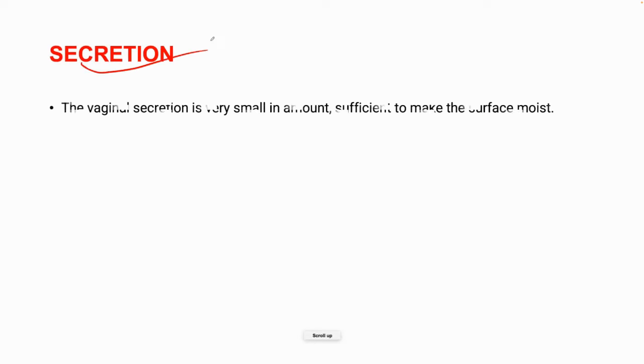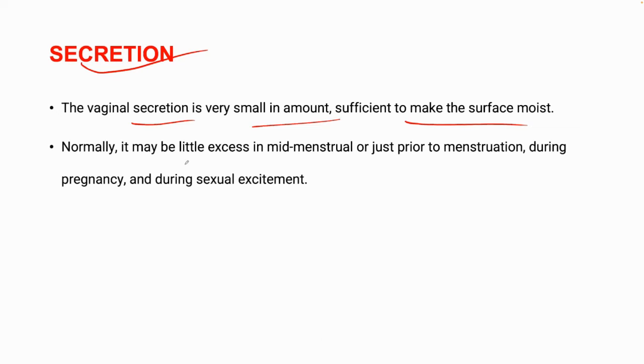Okay. Now if we talk about the secretions, the vaginal secretion is very small in amount and sufficient to make the surface moist. Normally, it may be a little excess at mid-menstrual or just prior to menstruation, and during sexual excitement and pregnancy.